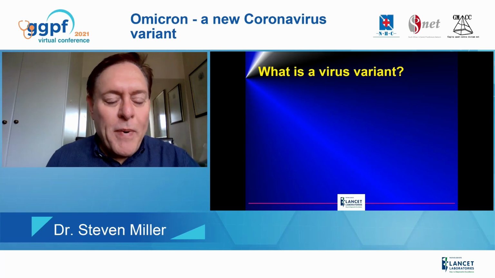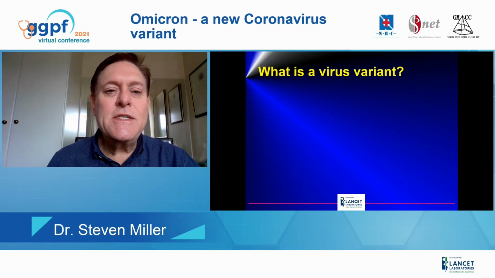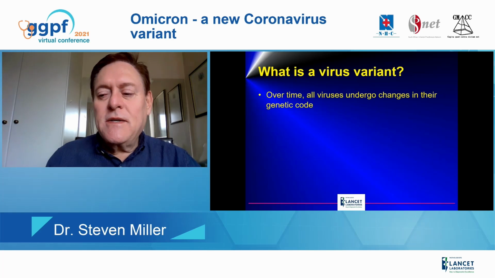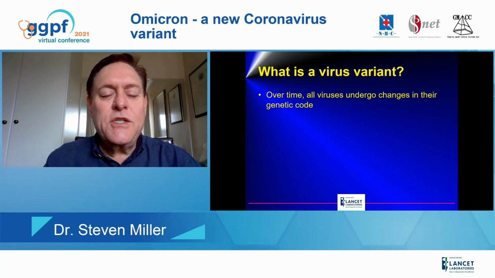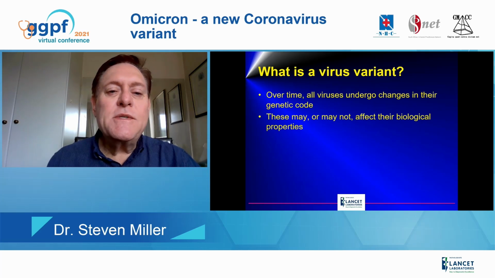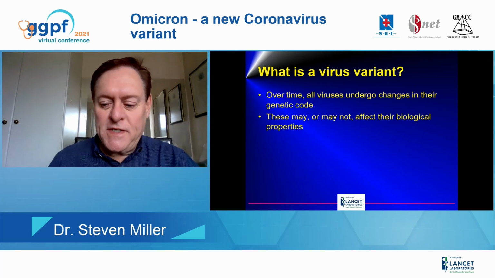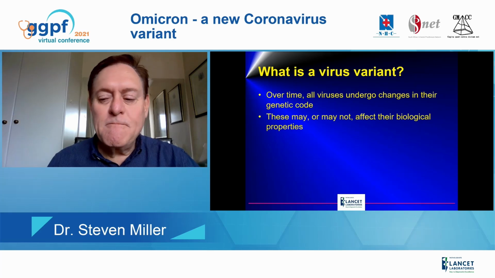So let's start off by reminding ourselves what a virus variant is, and remembering that all viruses change over time. And in particular, they undergo changes in their genetic code, and these changes may or may not affect their biological properties. We'll look at some of these in a moment.